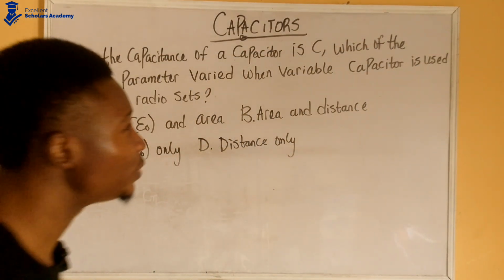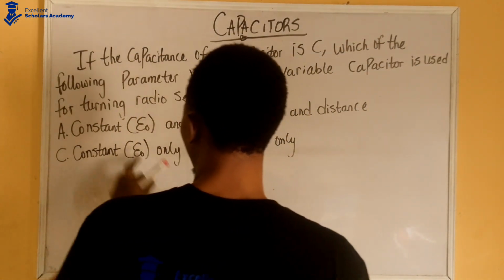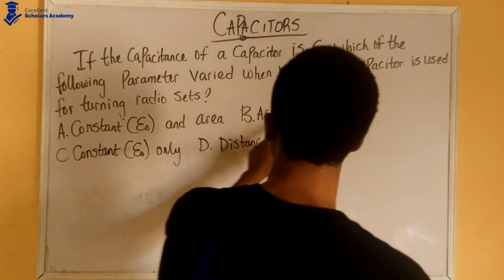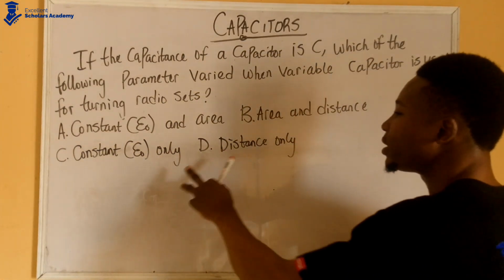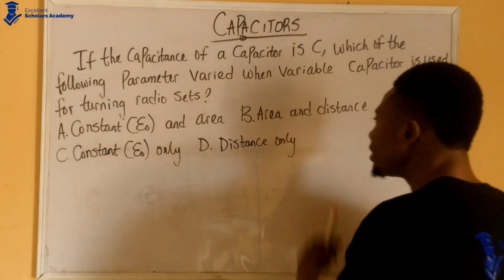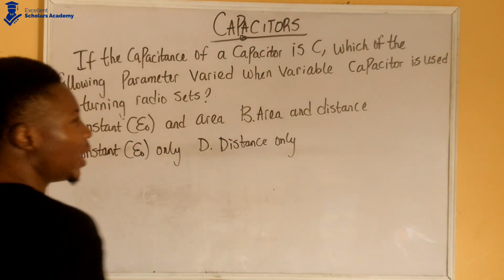Which of them is varied? The options are: A, constant E naught and area; B, area and distance; C, constant E naught only; D, distance only. Now how do we go about this?